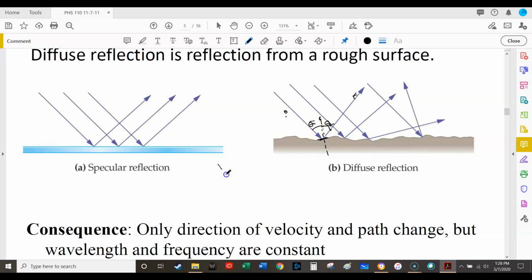And I want to note while we're here, incident light ray, reflected light ray, that if I note an angle here, if you use a protractor, this angle is going to be the same size as this angle, okay? Even though this looks bigger, radially it is not, okay?